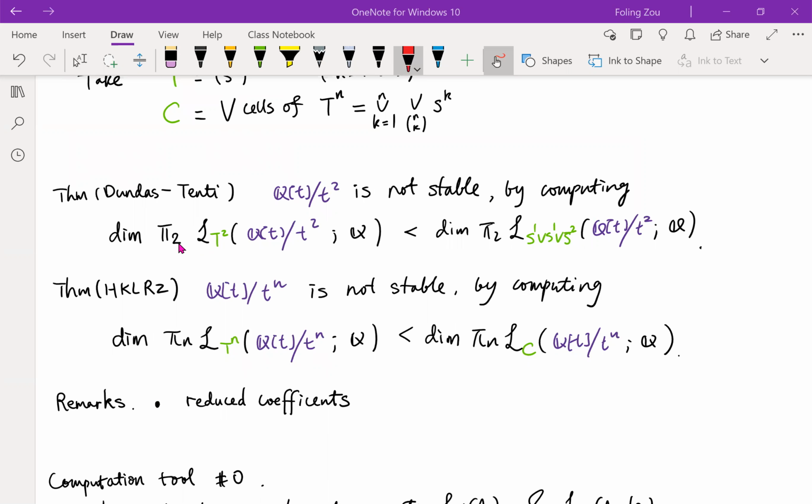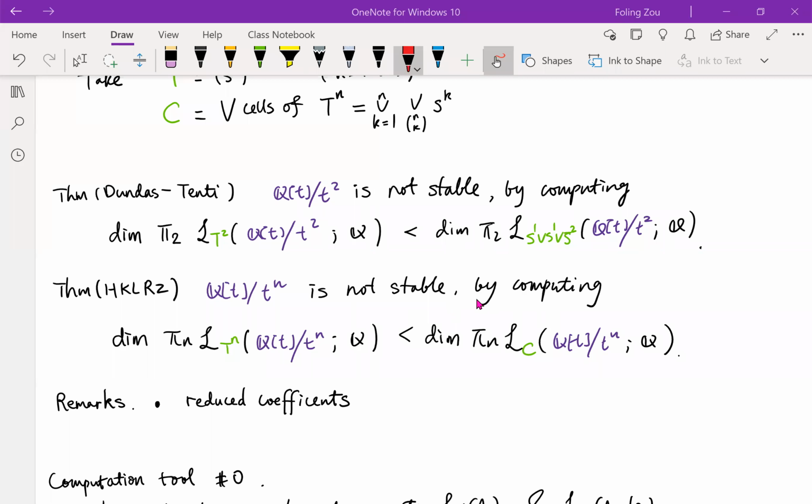And they showed that in homological degree 2, the dimension on the left is short by 1 compared to the dimension on the right. And in our joint work, we extend this to the case of Q[t]/tⁿ for all n greater than or equal to 2.